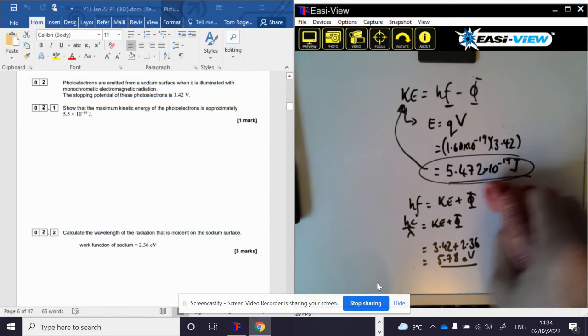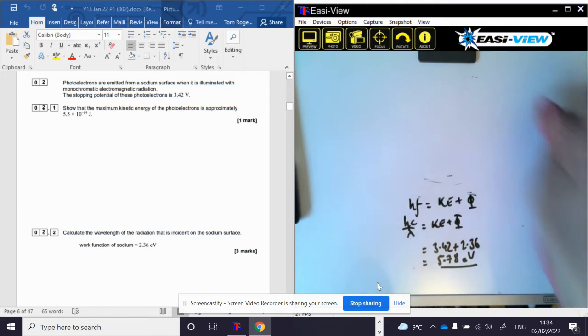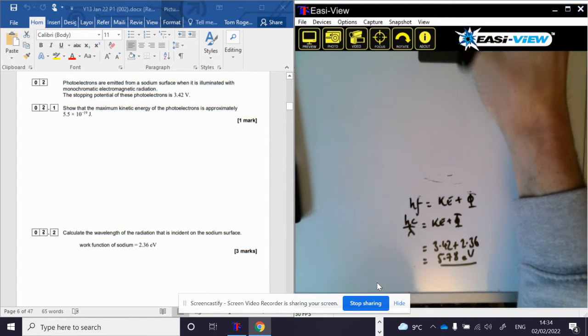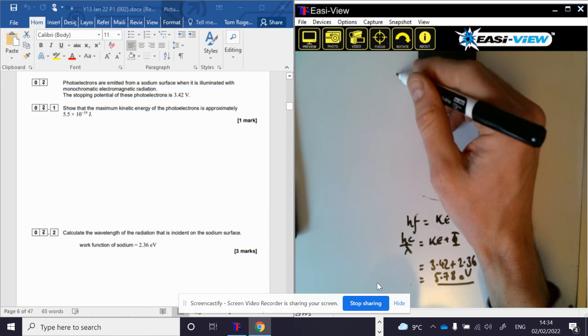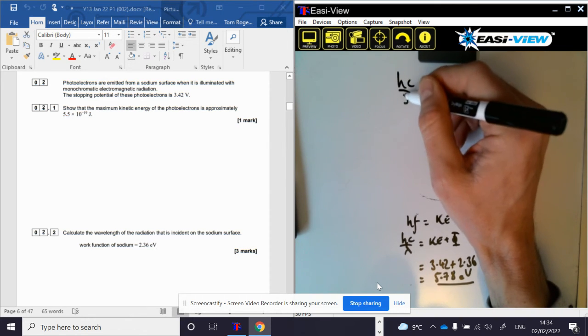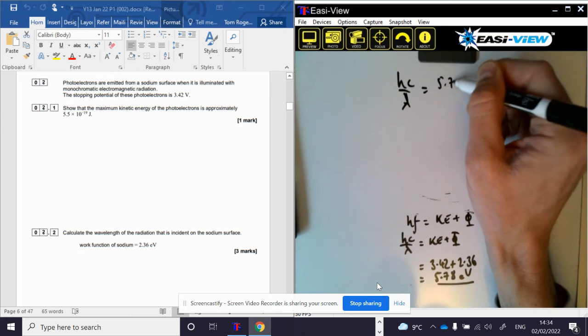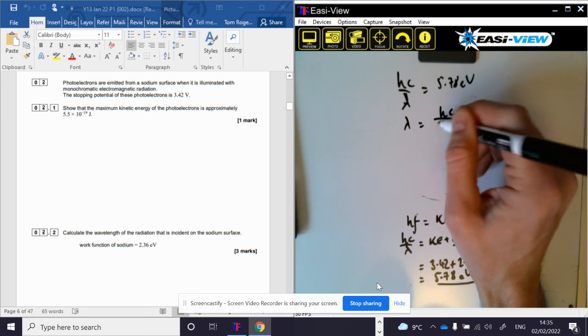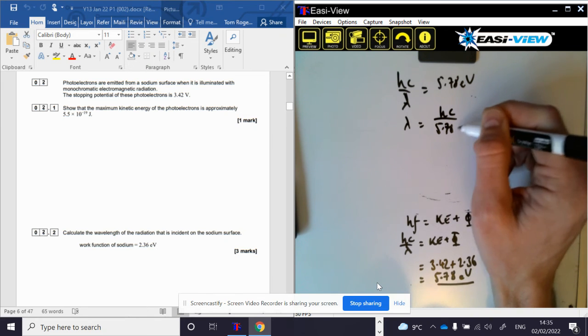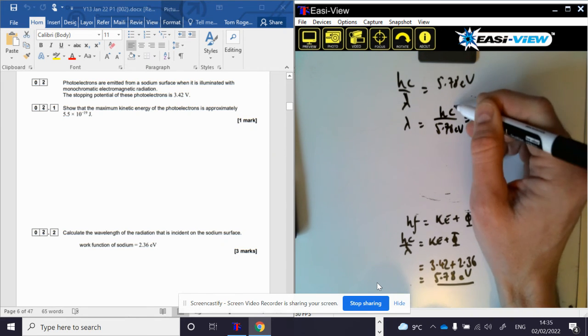So I'm just going to move back to the top, give myself a bit more room. So I've got that hc over lambda equals 5.78 eV. Therefore, lambda equals hc over 5.78 eV. And then I can calculate that.